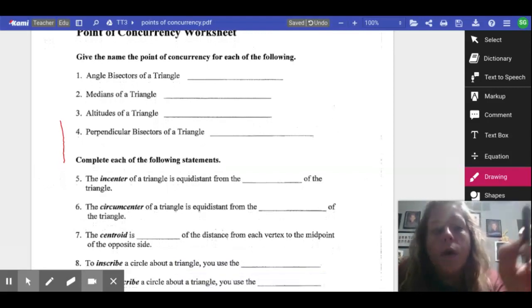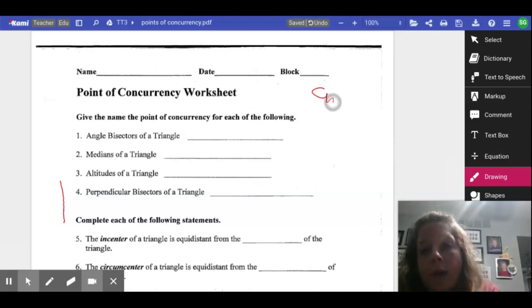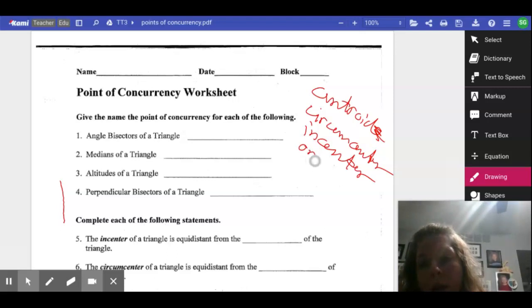So we're looking for, in no particular order, centroid, circumcenter, incenter, and orthocenter.